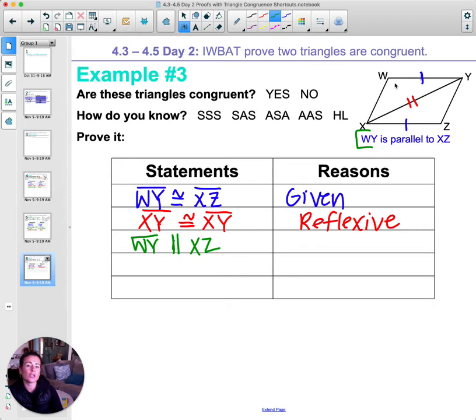So then we learned a bunch about parallel lines. So these lines right here are parallel. That doesn't give us anything that's congruent, okay? But if we look at these as our parallel lines and this as our transversal, we end up with these angles right here being equal because they're alternate interior angles.